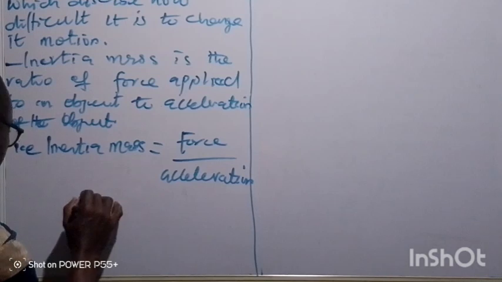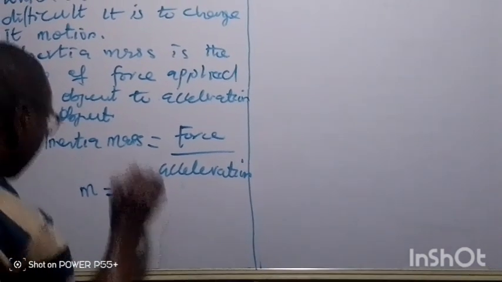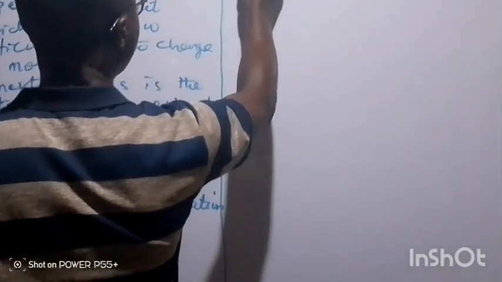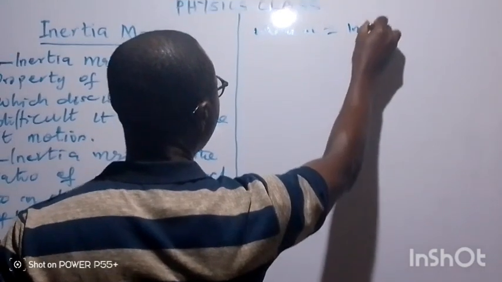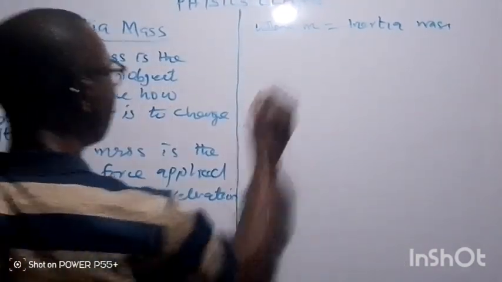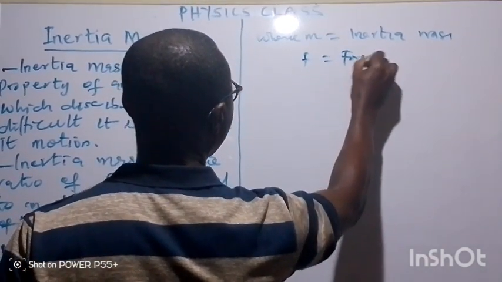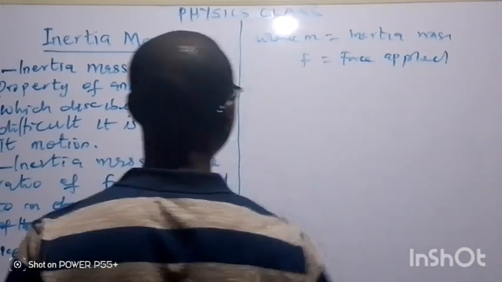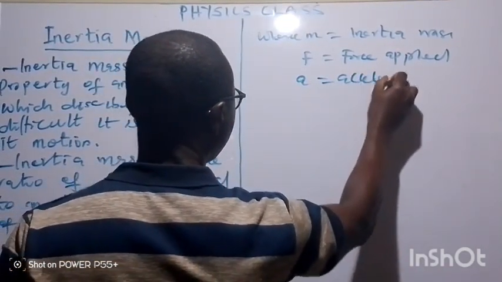That is, M is equal to F over A, as on the board, where M is equal to inertial mass, F is force applied, and A is the acceleration.